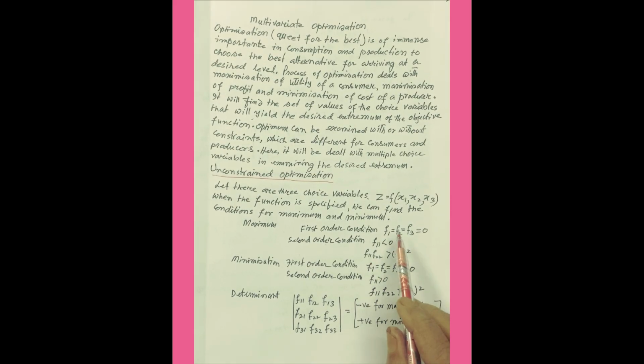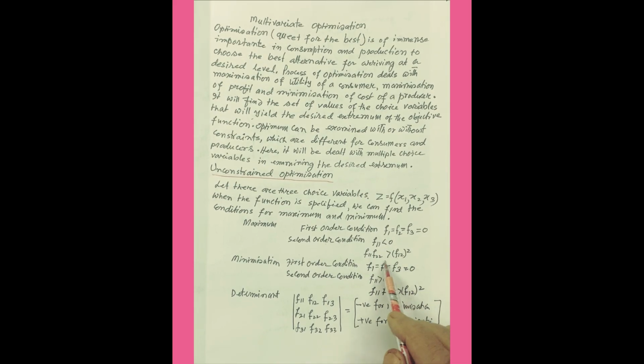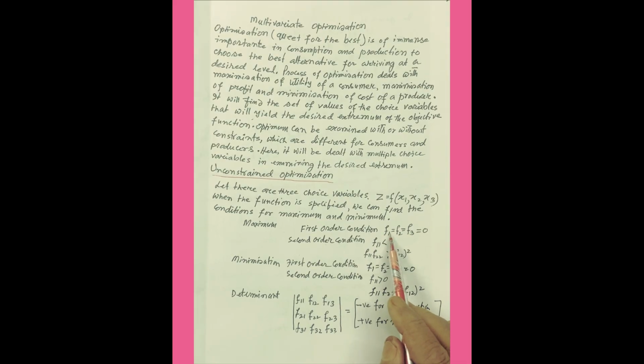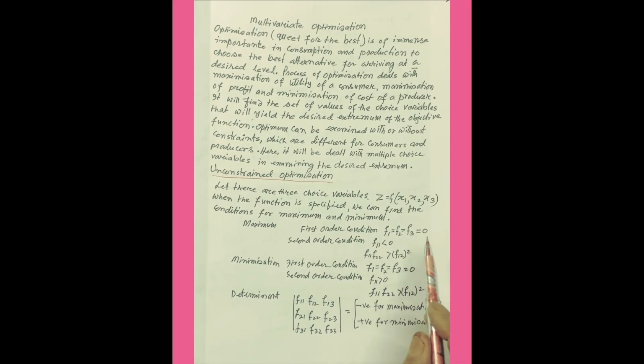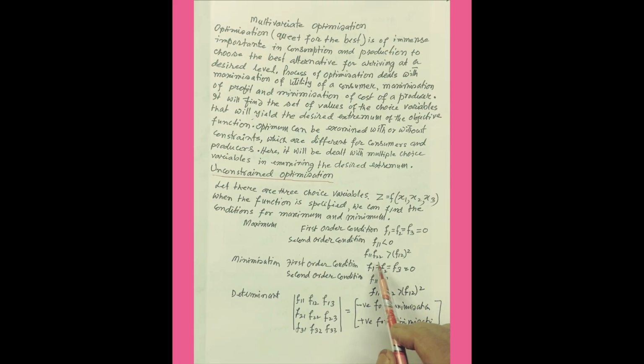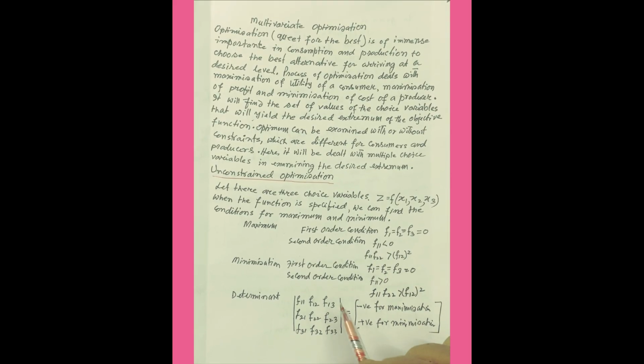So f22 means the first derivative with respect to x2, and what result you get, again you derive with respect to x2, that is f22. So the product of that should be greater than f12, that means the partial derivative with respect to x1, and what result comes, again derive with respect to x2, and that is f12 square. So this should be maintained.